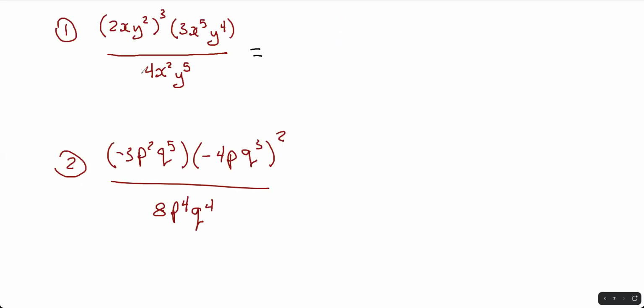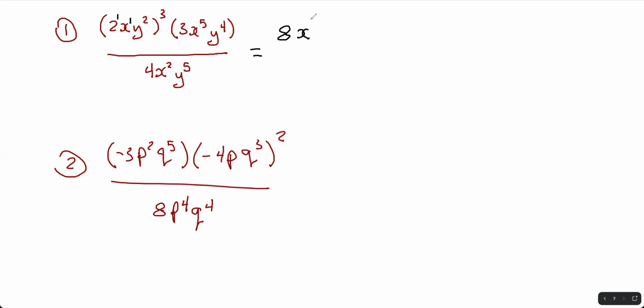We're going to finish off with a few that are a little bit harder. Now I have this multiplied by this, all of it divided by this. The first thing we have to do, take care of this exponent right here. You remember the 2 has a 1 and the x has a 1. So 3 times 1 is 3, so that becomes 2 cubed, and 2 cubed is 8.